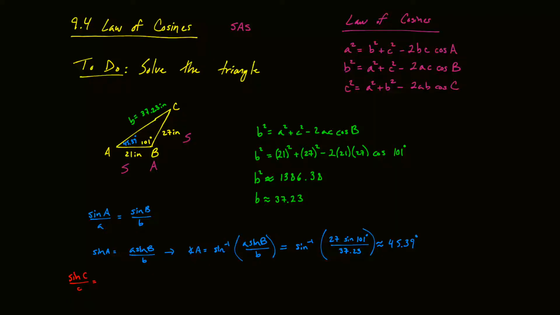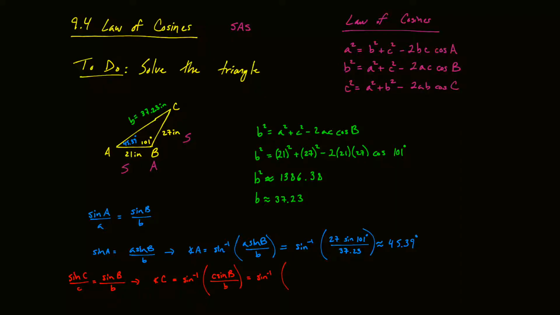Side C, and sine of B over B. We're looking for angle C, so angle C, I'm going to skip some steps, is going to be equal to arc sine of side C multiplied by sine of B over B, and plug in that information.